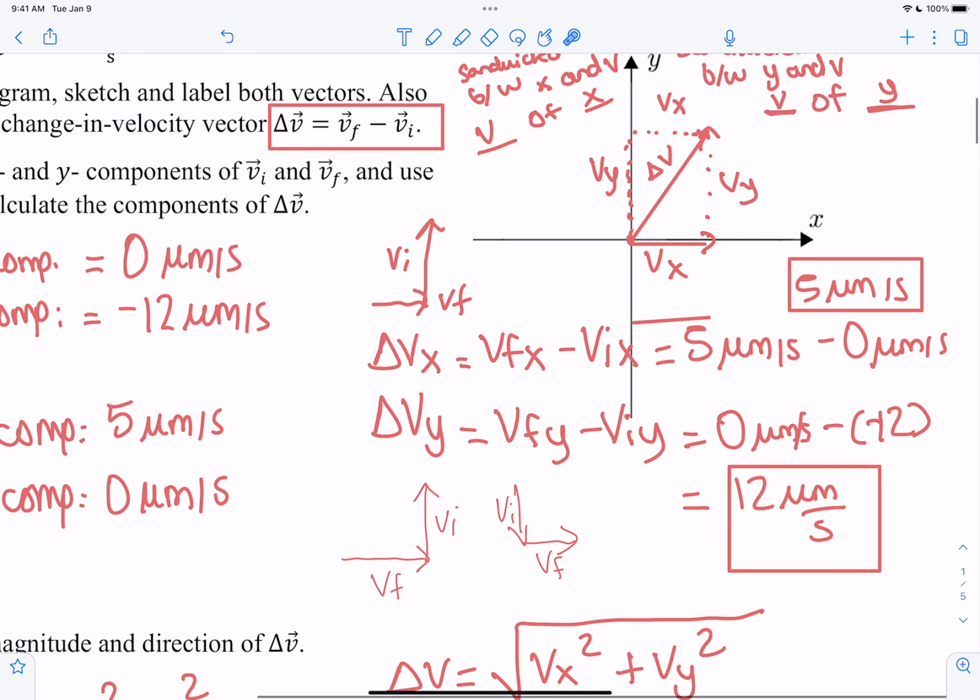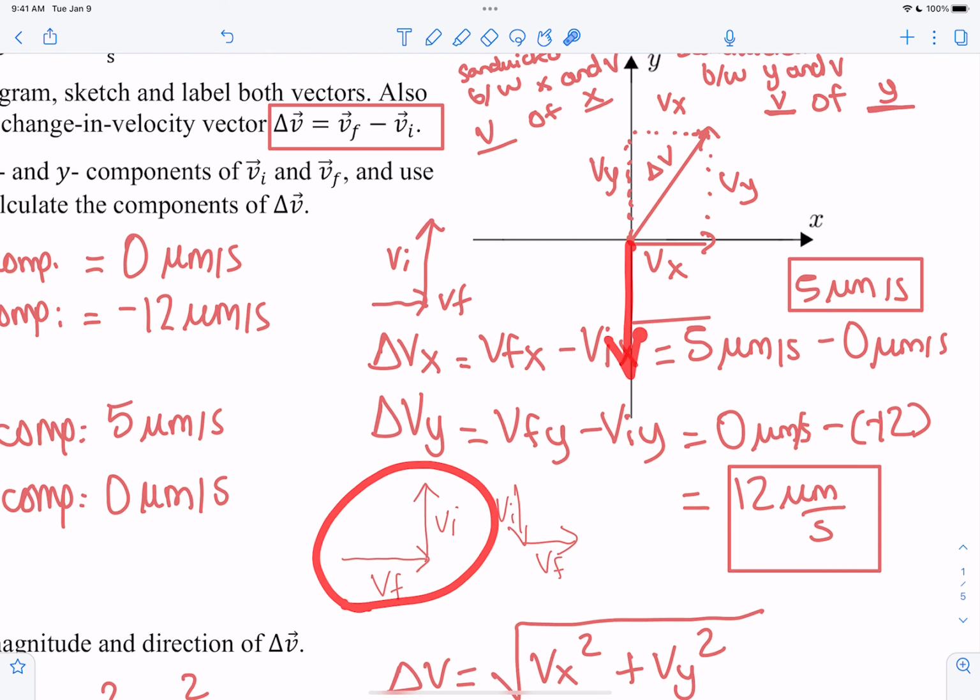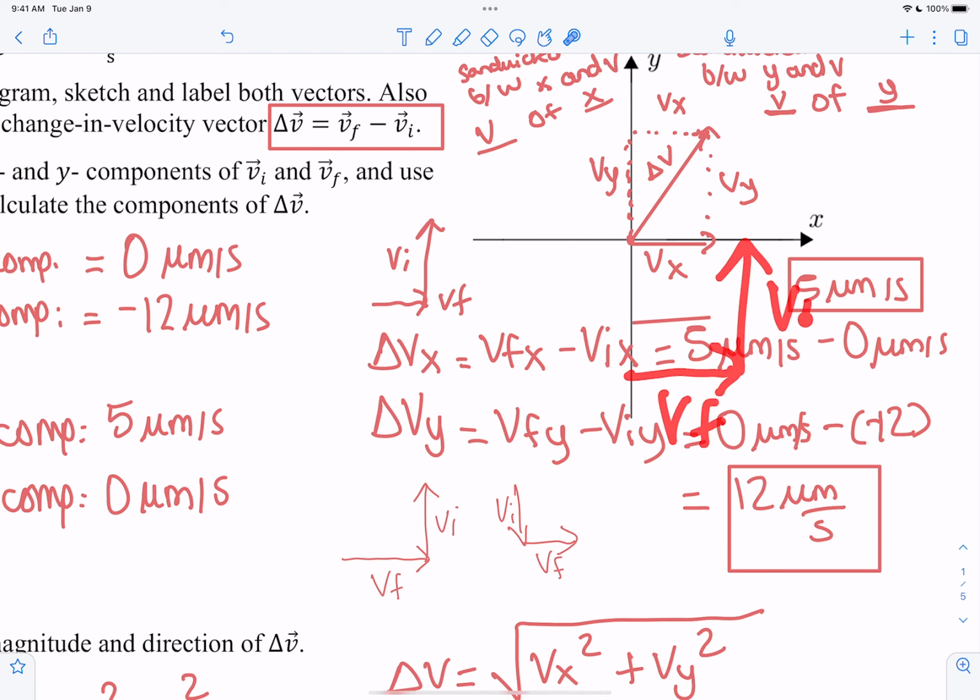On the graph, this was south initially, and this was east. This is VF. So if I wanted to add things up, VF minus VI like that, I have to go from south to north. Then if I were to add it up in that same quadrant, it would look like this, VF and then VI like that, and then your resultant vector would look like that.